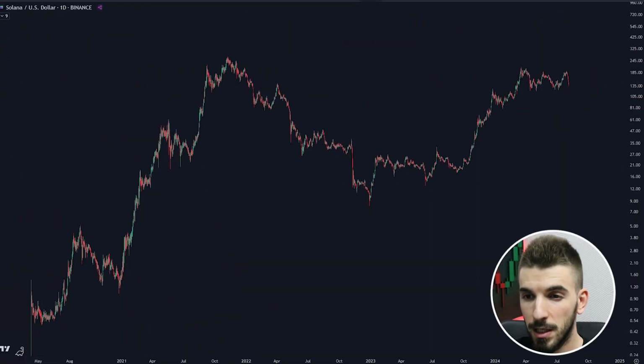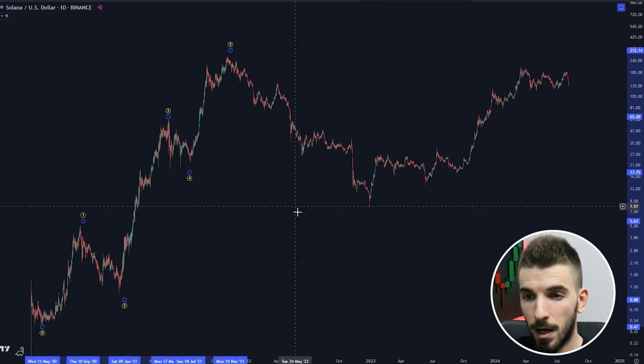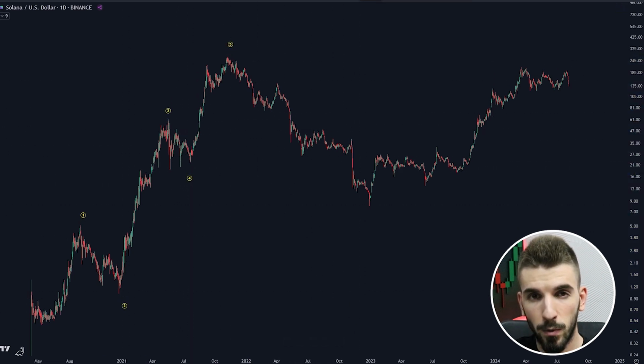First of all, we can see a daily Solana chart, and I will show you the bigger picture first to understand the short term, because the bigger picture is showing us what will happen right now. We can firstly see that from 2020, when Solana came out, we can see 5 waves up: 1, 2, 3, 4, 5. I think that is bigger wave 1.